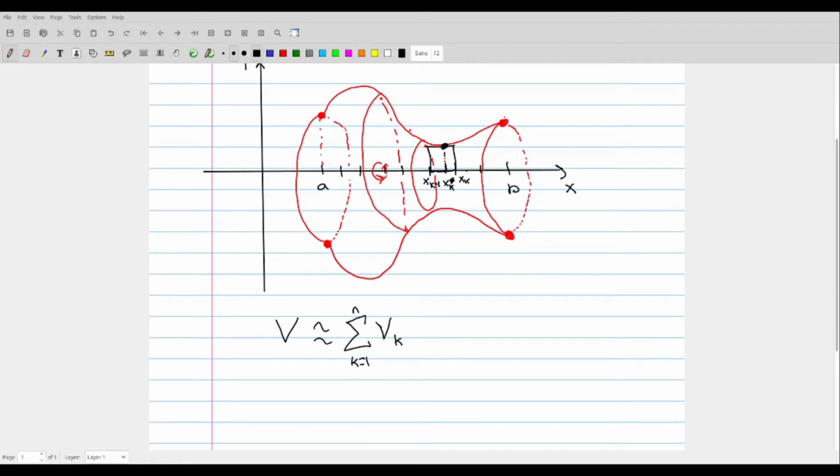And if we take this and rotate it around the x-axis, we're going to get another copy of this rectangle, and specifically we're going to get a cylindrical shape.